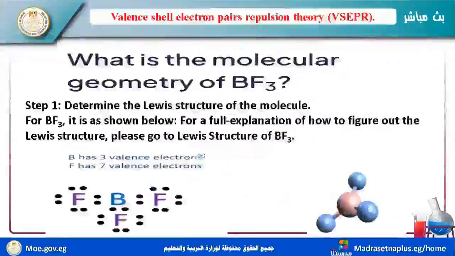What is the molecular geometry of BF3? According to the Lewis model or dot diagram, we have B attached to 3 F, 3 bonds. What is the shape of it? Step 1, determine the Lewis structure of the molecule for BF3.